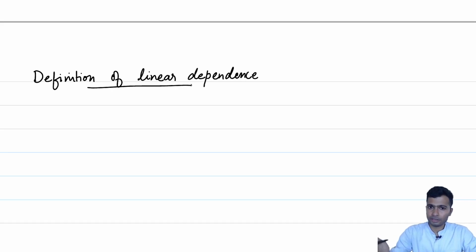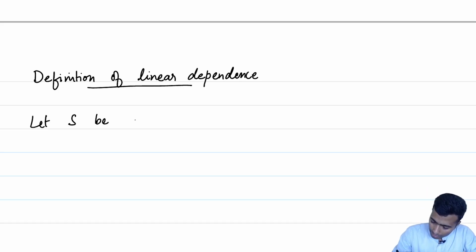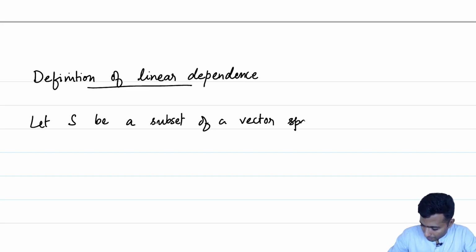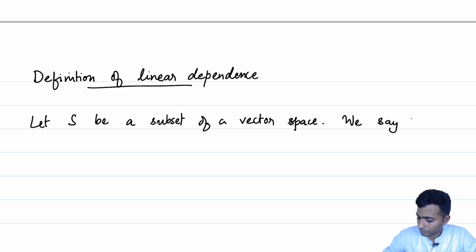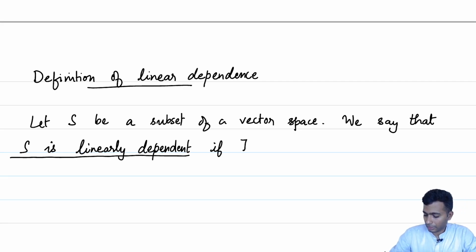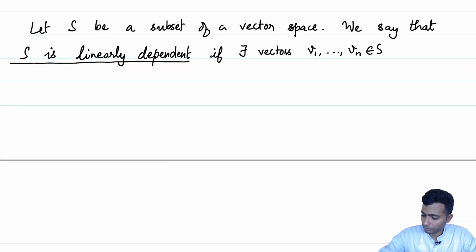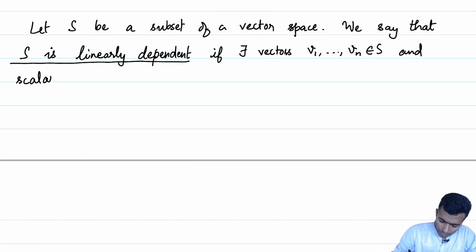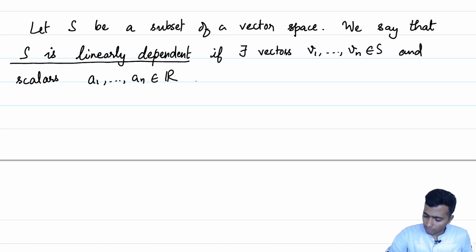Let S be a subset or a collection of vectors of a vector space V. We say that S is linearly dependent if there exist vectors V1 to Vn in S and scalars a1 up to an in R. So, our scalars here are real numbers, with not all ai equal to 0.